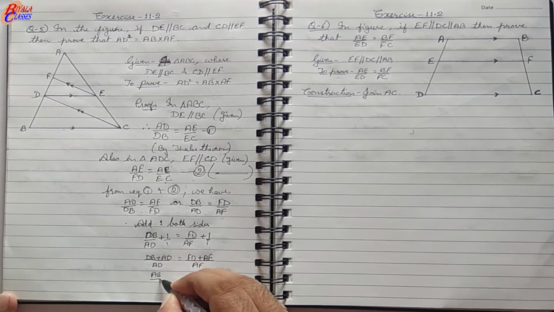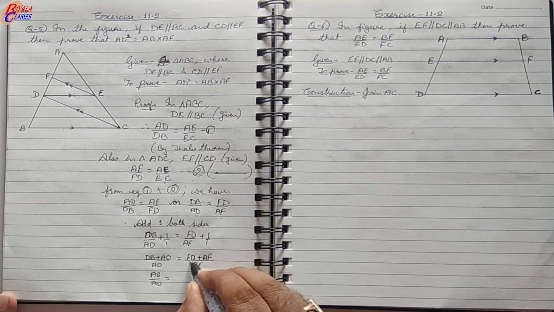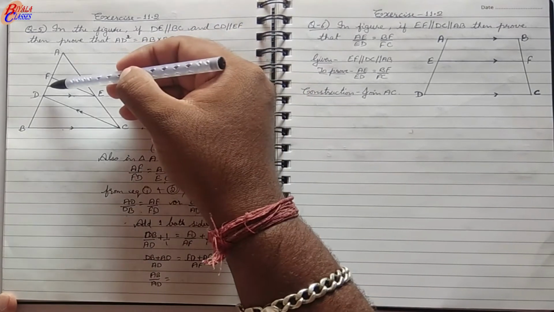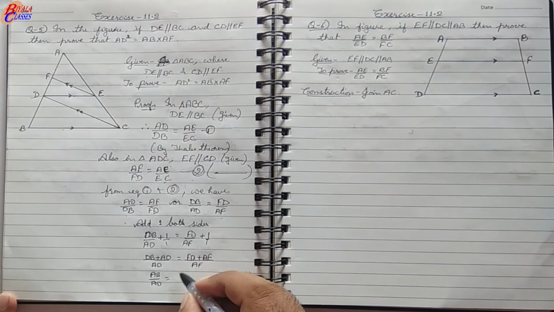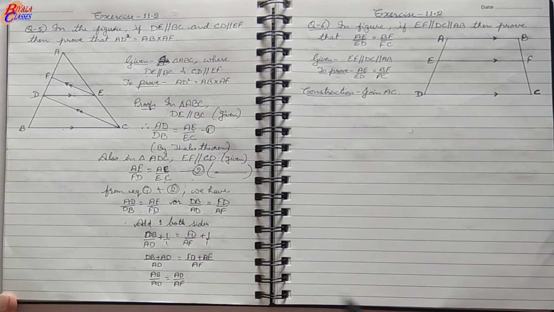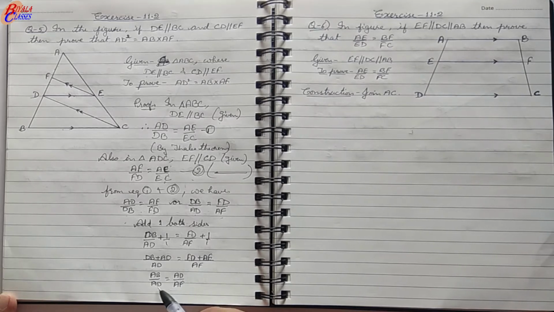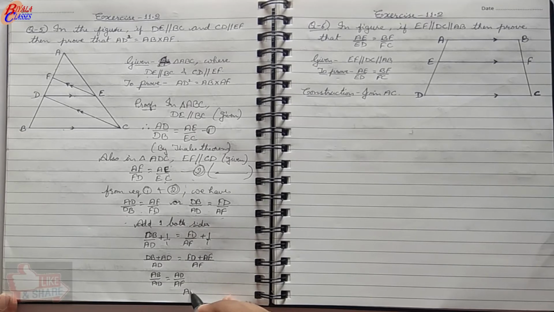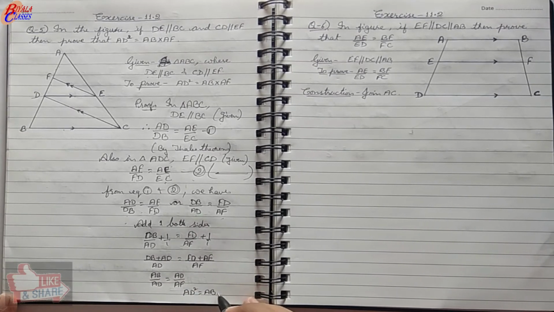So it is AB upon AD. And here FD plus AF, if you add these two parts, you get AD. So it is AD upon AF. Now thus, if you just cross multiply the ratios, AD multiply AD gives you AD square. And on the other side, you will get AB multiply AF.